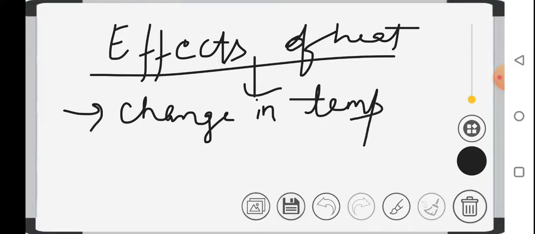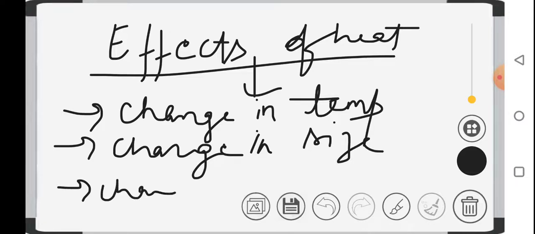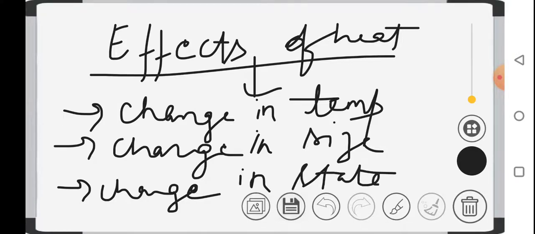Then change in size. And what is the third effect? Change in state.